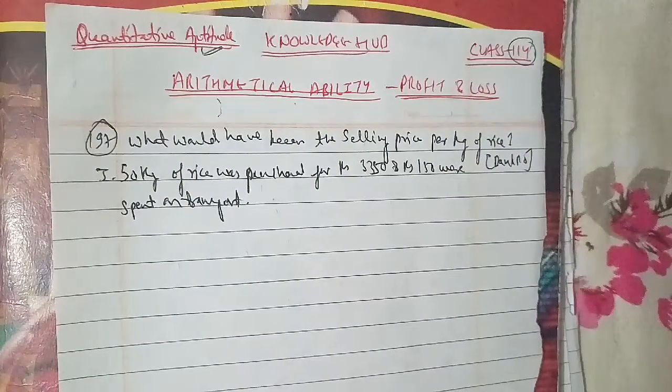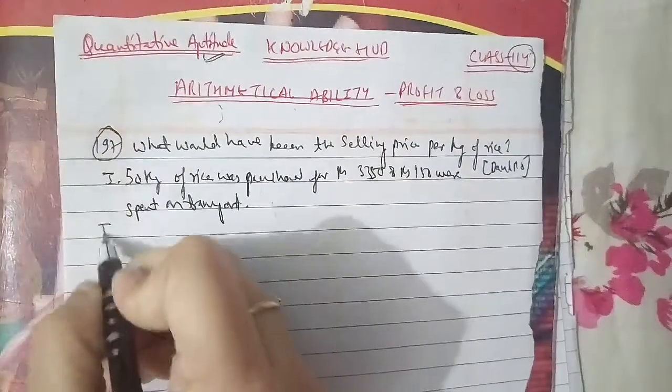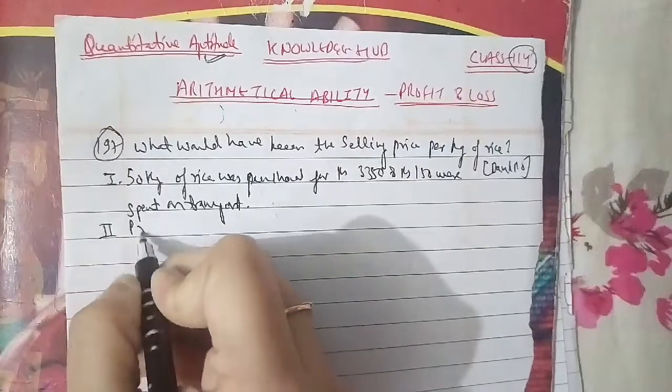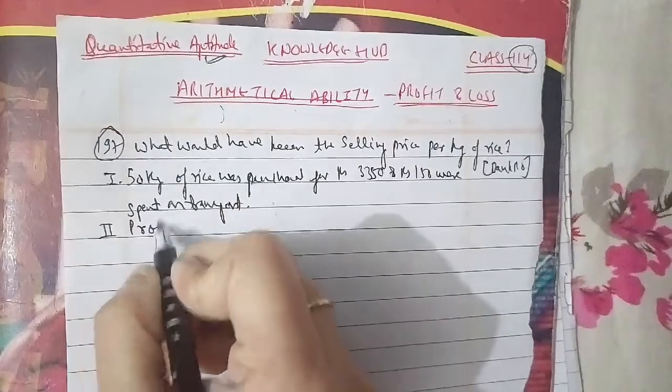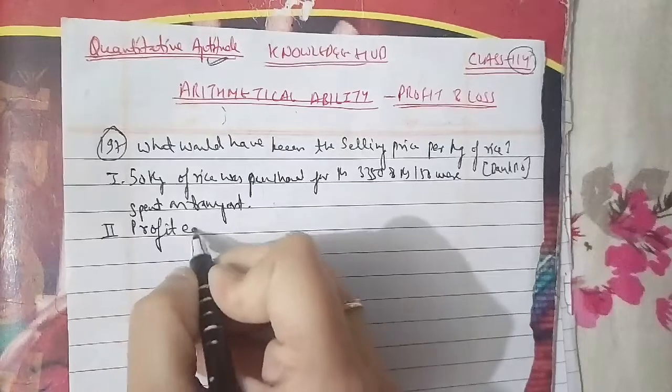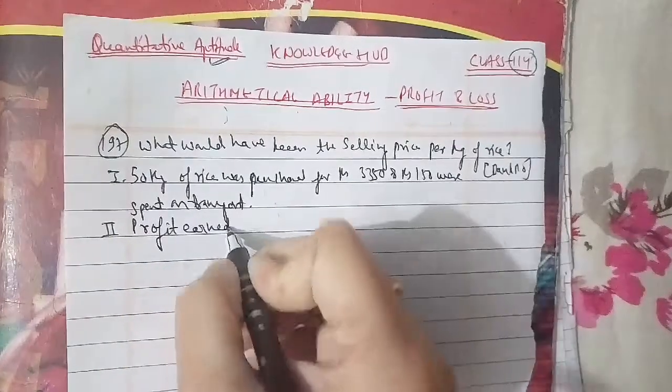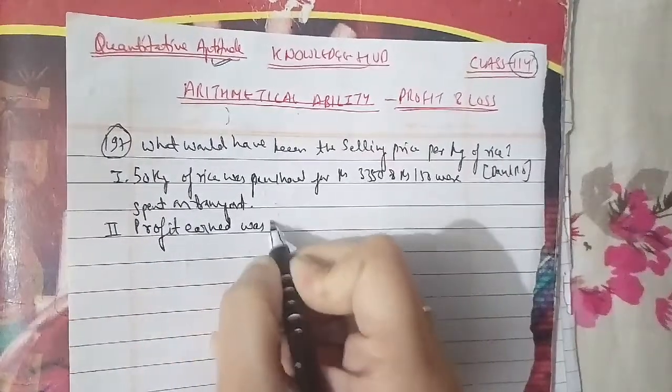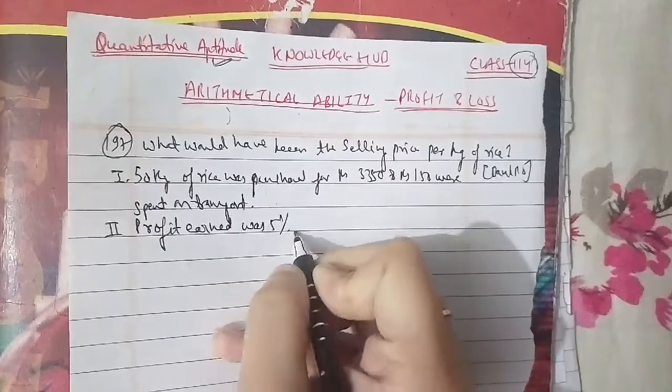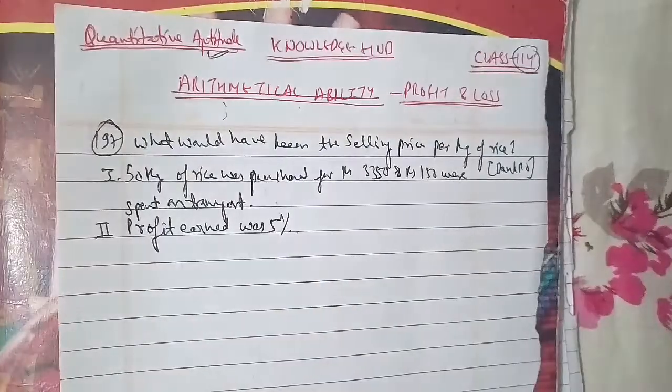In the second statement we have: profit earned was 5%. That's what we have to talk about.